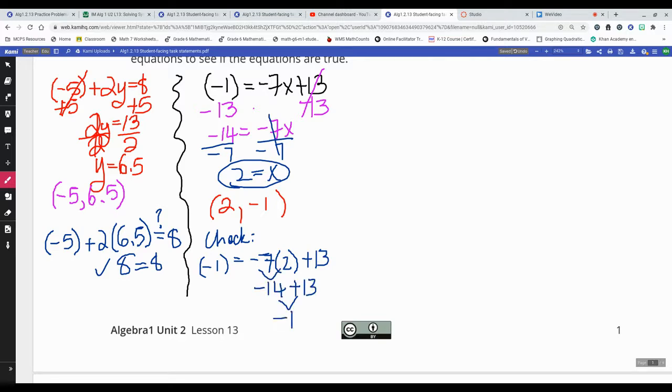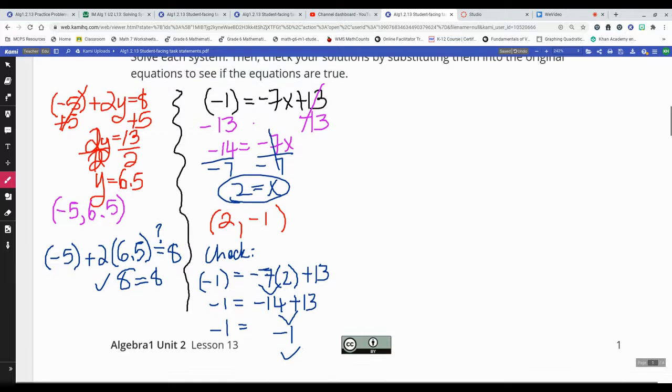That gives you negative 1. So that side gives you negative 1. And we already know this is negative 1. So that's correct. All right.